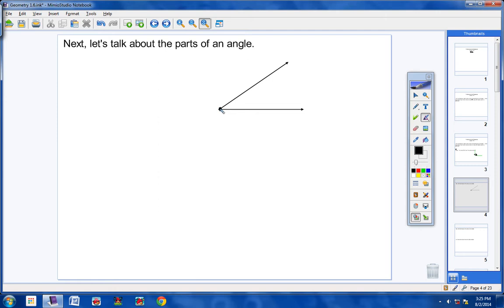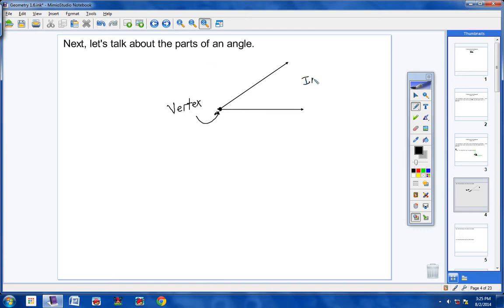the point right here where the two rays meet, the common endpoint, that's called the vertex of an angle. Would you please make note of that? You need to know that, okay? That is called the vertex, V-E-R-T-E-X, of the angle. You need to know that. Now, this inside space right here that I'm coloring in, that's called the interior of the angle.